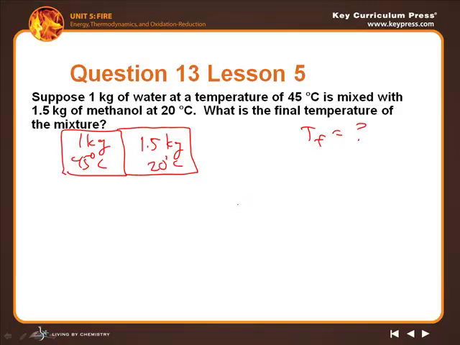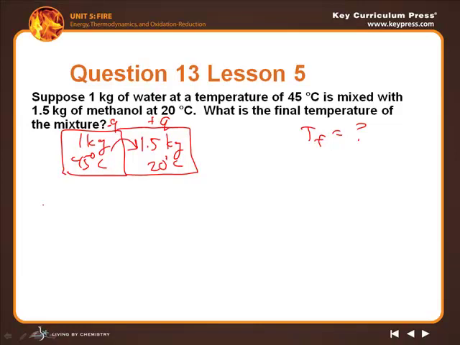Okay? So, which one will be losing heat? Water or methanol? Water. The heat will be going from the water to the methanol. So water will have a negative Q, methanol should have a positive Q. So now we just plug into the Q equation.